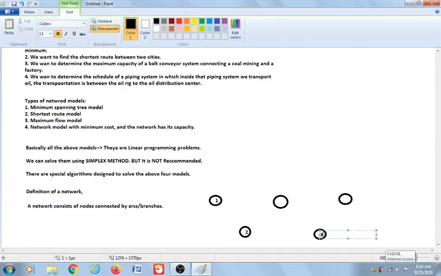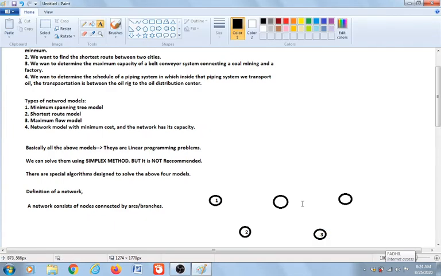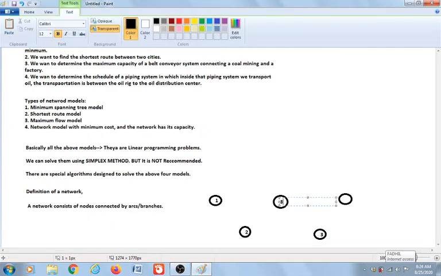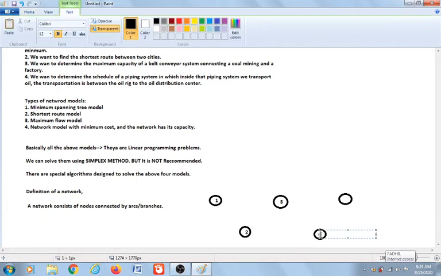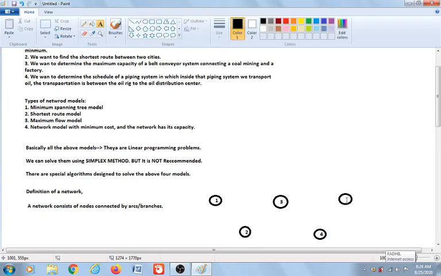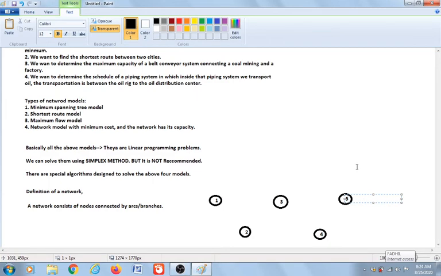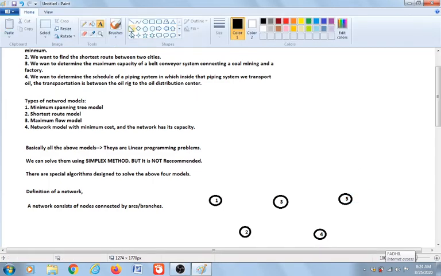This is node number 3, and this should be node number 4, and this one is node number 5. Okay, and the nodes are connected by arcs or branches. So we will represent the branch by using an arrow.